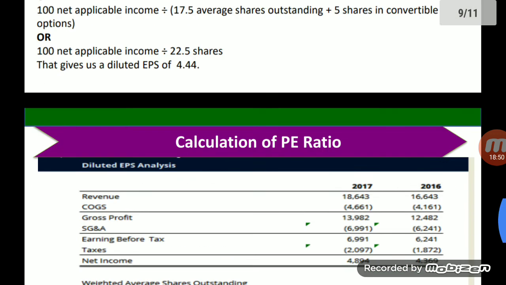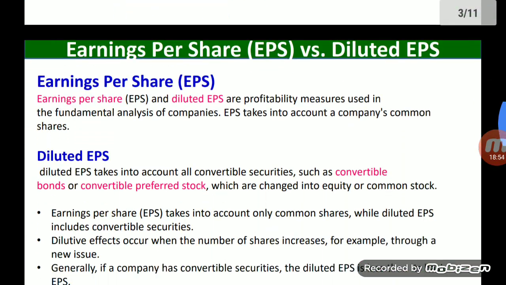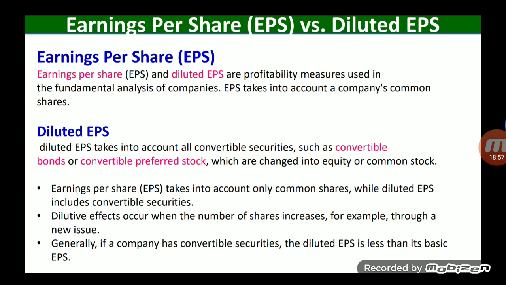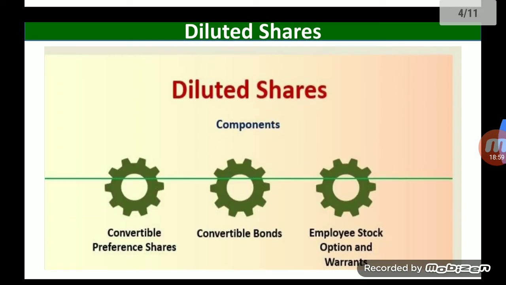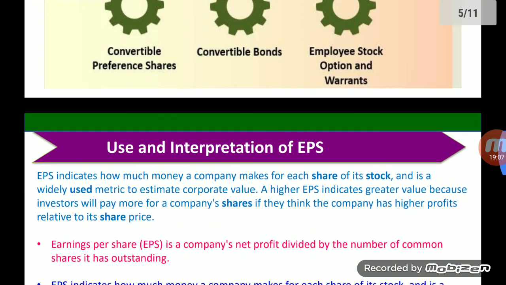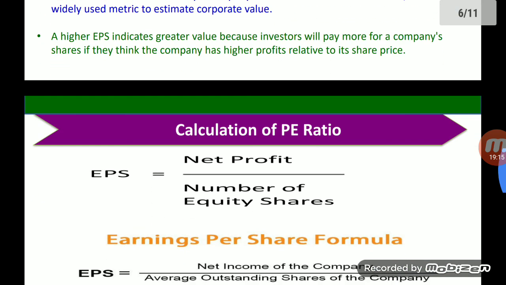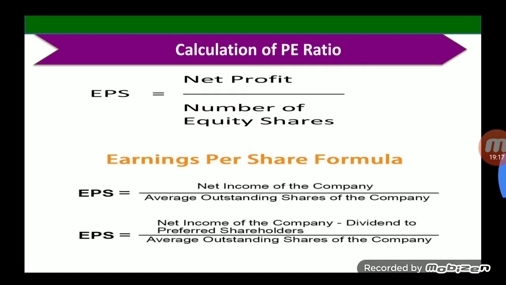So friends, we have discussed today the meaning of earning per share and diluted earning per share. Then we have seen what diluted earning per share is, where convertible securities are converted into common shares. Then we discussed the uses of earning per share and its interpretation, and the calculation of earning per share.